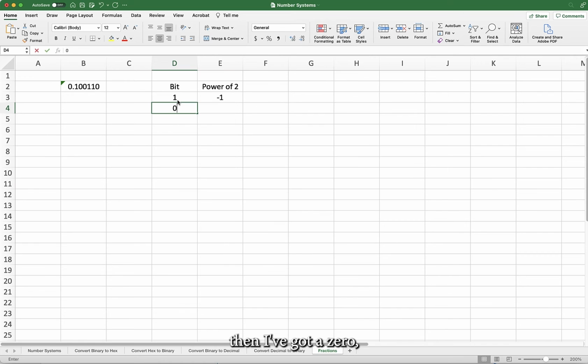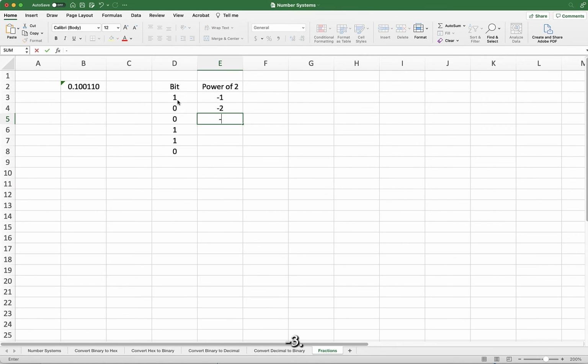Then I've got a 0, a 0, a 1, and a 1, and a 0. And this would be the negative 2, negative 3, negative 4, negative 5, and this would be the negative 6.